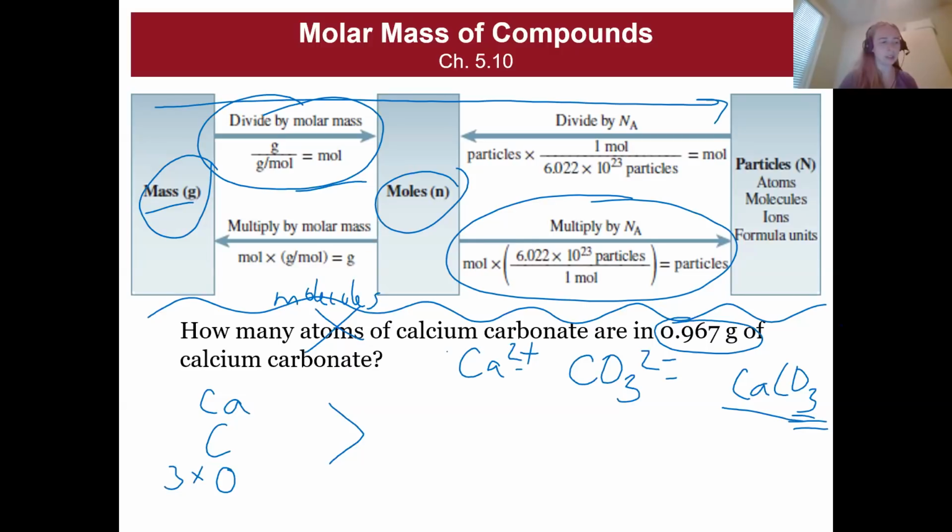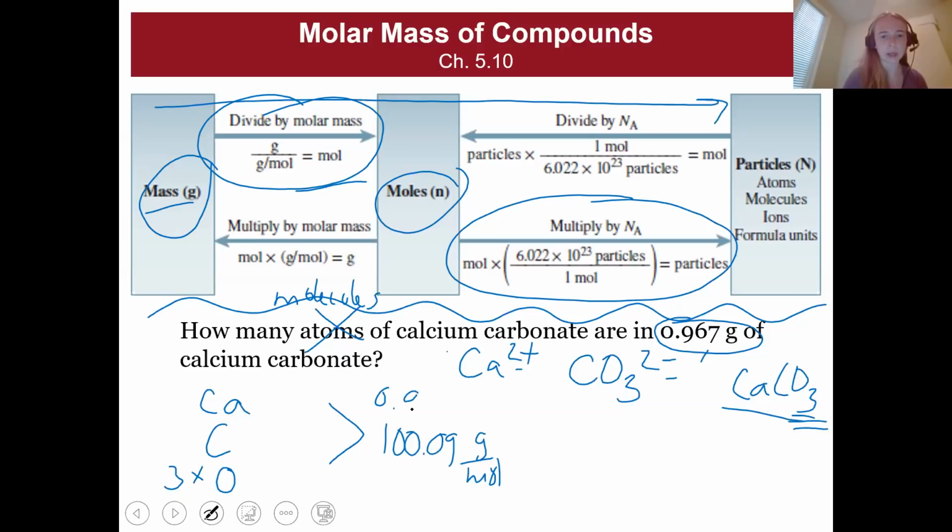Okay, so hopefully you've worked on that now. So the molar mass of calcium carbonate, if you calculate it out, should be 100.09 grams per mole. So we want to start with our mass, 0.967 grams, divided by this molar mass is going to give us moles.